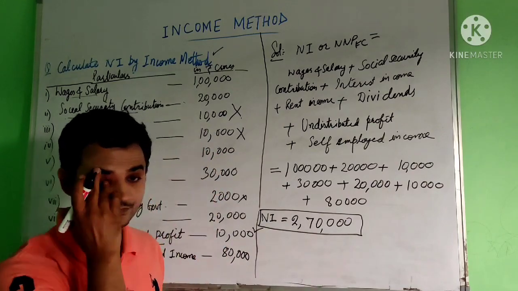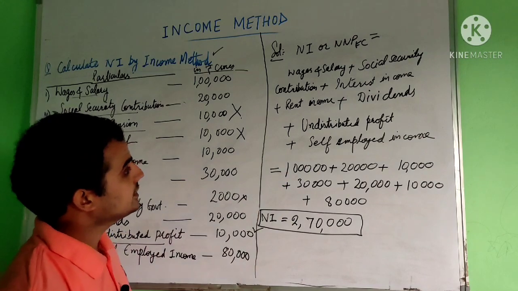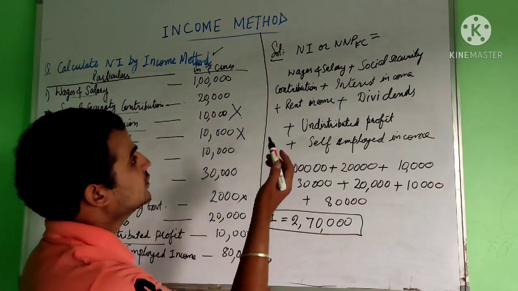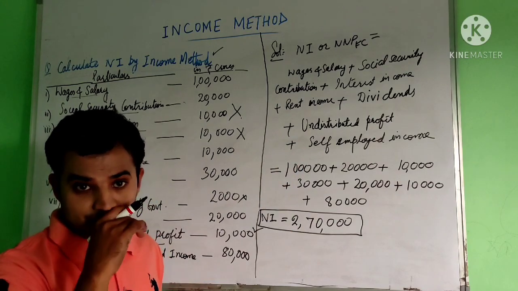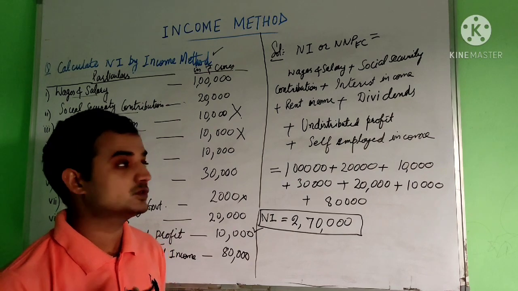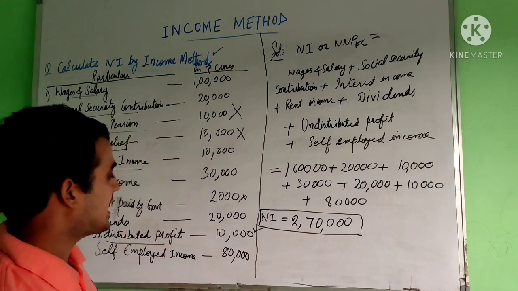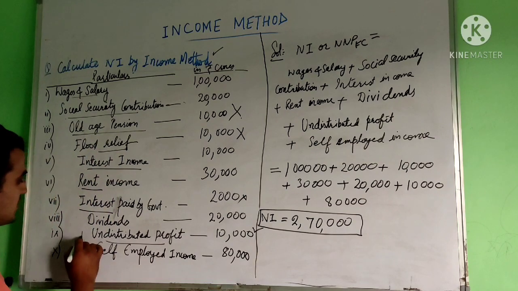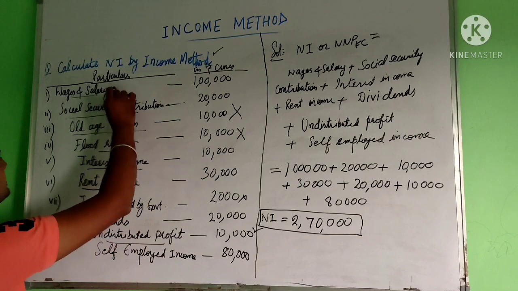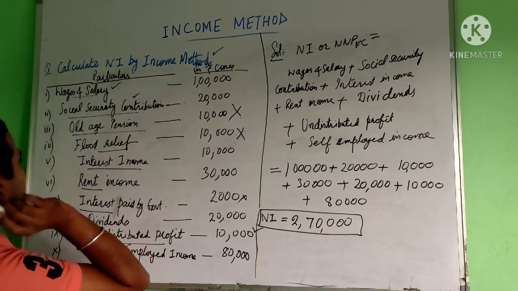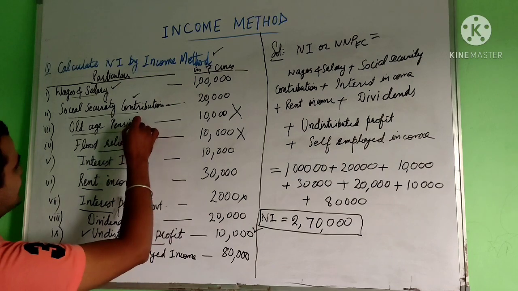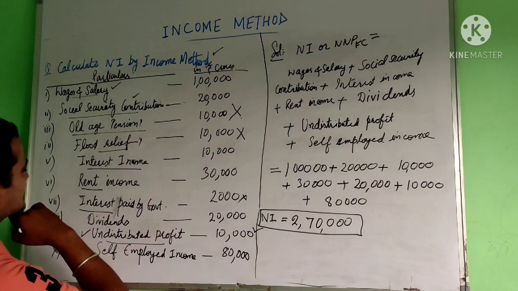Now what we need to remember here is that we should know the different variables that we should include while calculating income through this method. For this we should understand what things are included in compensation of employees, and which are not included in the calculation of national income.